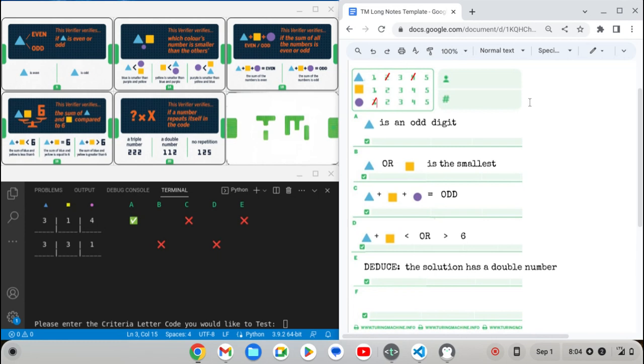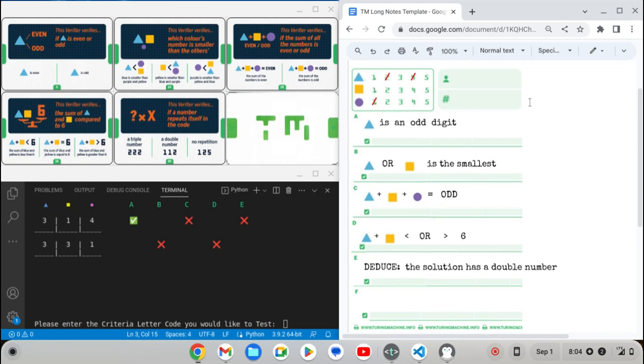Let's go back to the sum of triangle and square and see, can we figure something out? I guess the fact that they can't be doubles does reduce the number of sums that are less than or greater than by a bit.